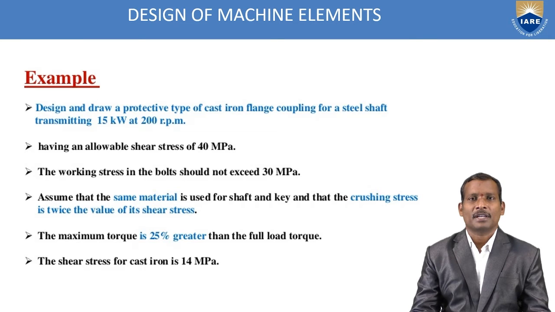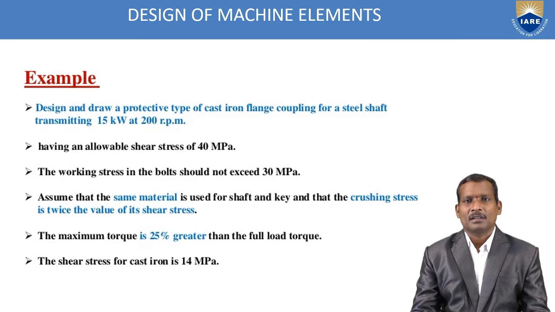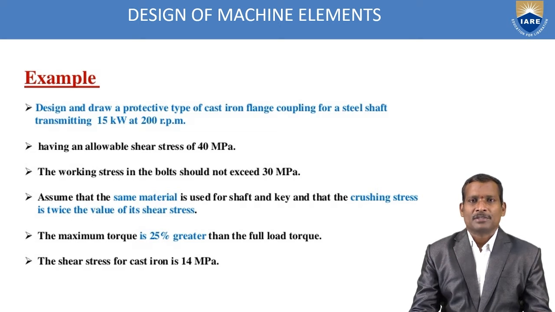We have already studied that flange couplings are of three types: one is unprotected, another is protected type, and another one is marine type of flange coupling. Here the protective and unprotected are the same; the only difference is the protection cover on the protective type of cast iron flange coupling.